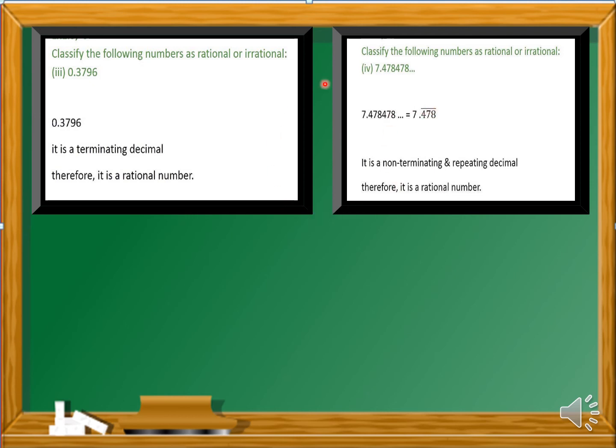So when there is a bar as well as the division is not ending, it is said to be non-terminating, and here it is represented with a bar. It is said to be a repeating decimal expansion. So therefore it is a rational number. Even non-terminating repeating numbers can also be converted into rational numbers. So the fourth subdivision answer is rational number.